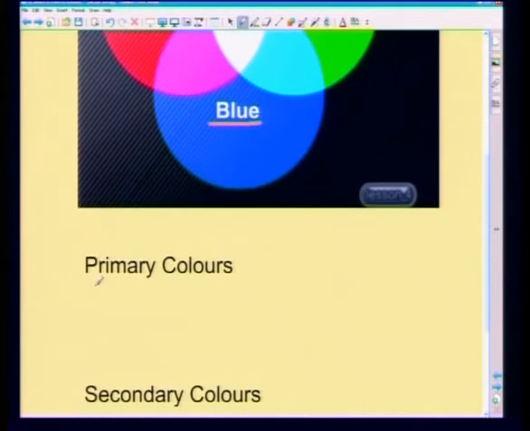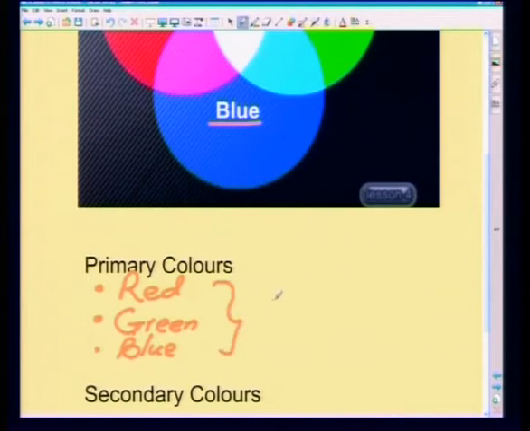So we have red, we have green, we have blue. These are primary colors. They are primary colors because together they give us white light, white color of light.